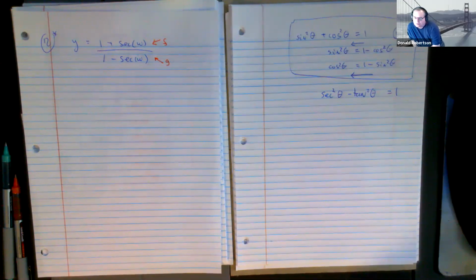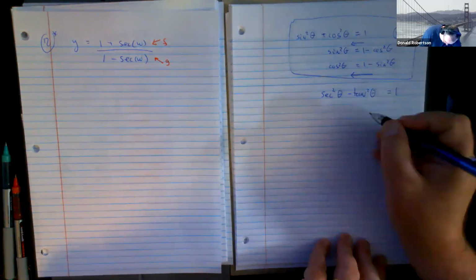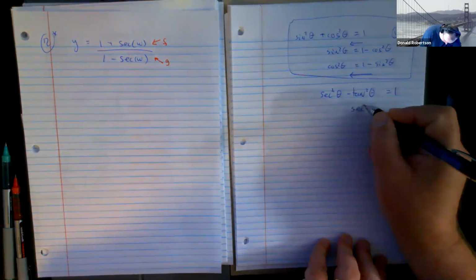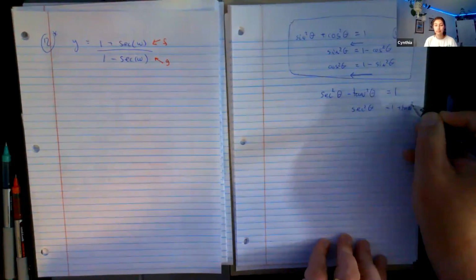Secant square theta take away tan square theta is 1. If you rearrange this, secant square theta is 1 plus tan squared. Do you want to know why that's true, or do we just learn the rule?